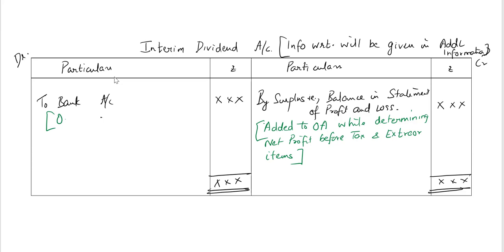Whereas this will be shown as outflow under the head of financing activities. So this is the format of the interim dividend account. Please remember, the information with respect to interim dividend will be given as part of additional information below the balance sheet.